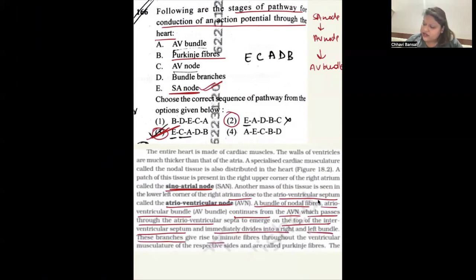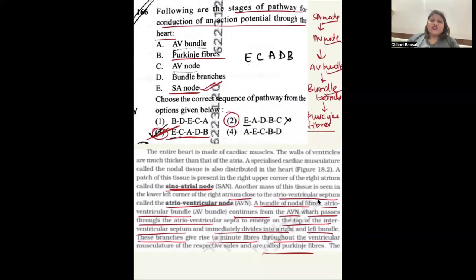These branches give rise to minute fibers called Purkinje fibers. So it means SA node, then AV node, then AV bundle, then bundle branches, and then Purkinje fibers. That is also the sequence of our answer: E, SA node; C, AV node; A, AV bundle; D, bundle branches; and B, Purkinje fibers.